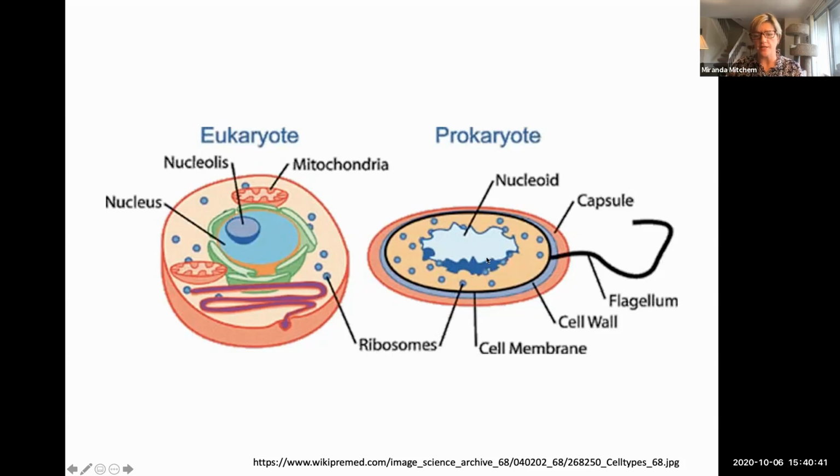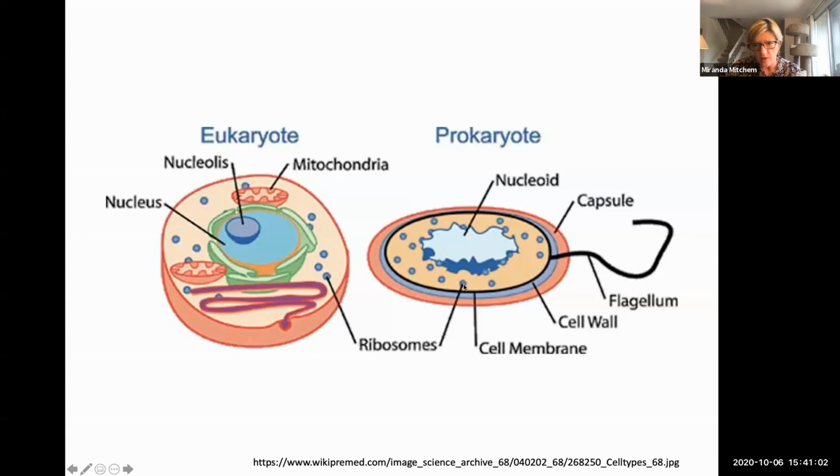The prokaryotic cell should be quite a bit smaller than the eukaryote. But look how much more complexity is present in the eukaryotic cell. Without even knowing what these different structures are yet, you can see that there are more things present in the eukaryote. Over here in the prokaryote, we have those basic things.